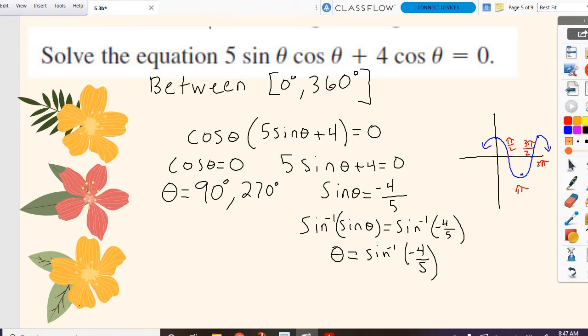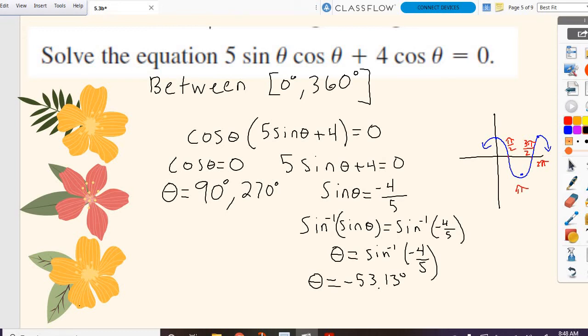I'm going to click my second button, then my sine button, and then type in negative 4 divided by 5. And we should get that theta equals negative 53.13 degrees. Now, if you didn't get that, go into your mode and make sure that we're in degree mode, not in radian mode, and then try it again.